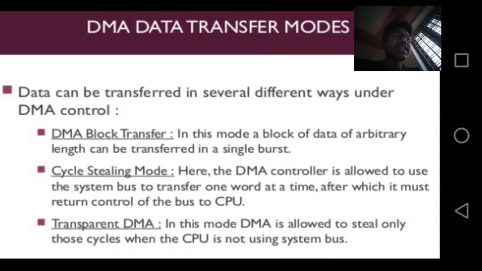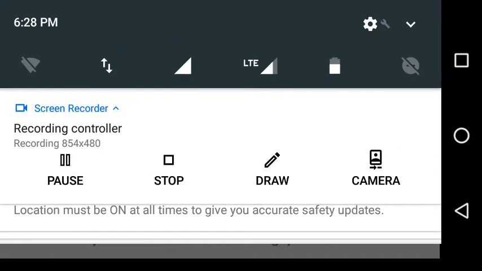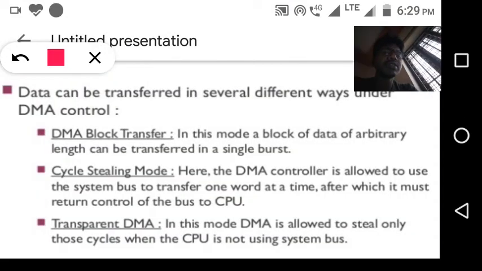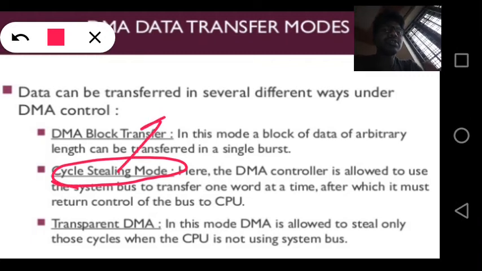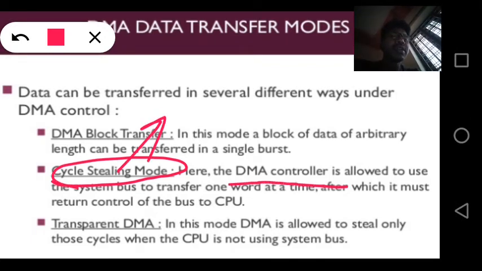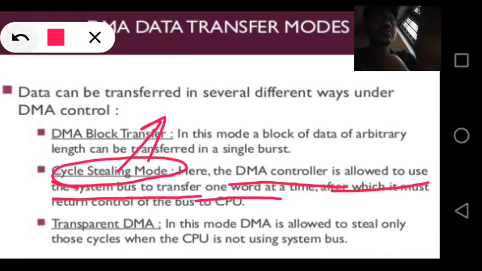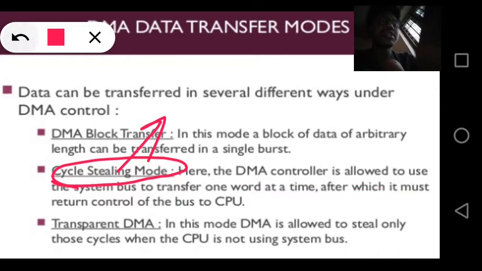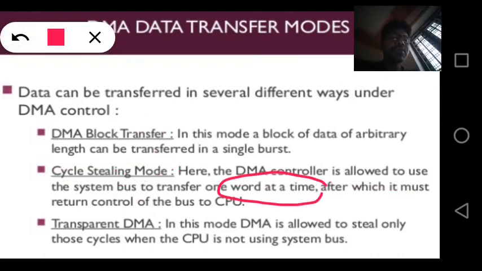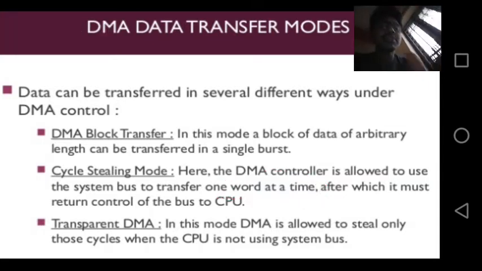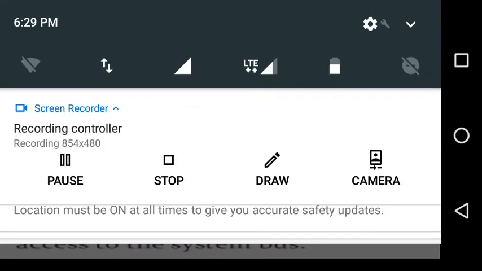The second one is cycle stealing mode. Here the DMA controller is allowed to use the system bus to transfer one word at a time, after which it must return control of the bus to the CPU.